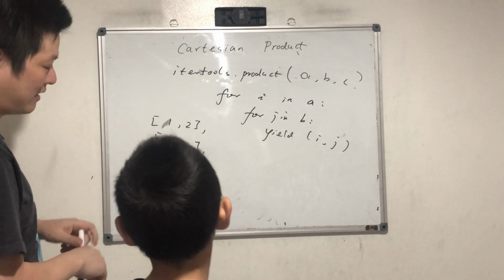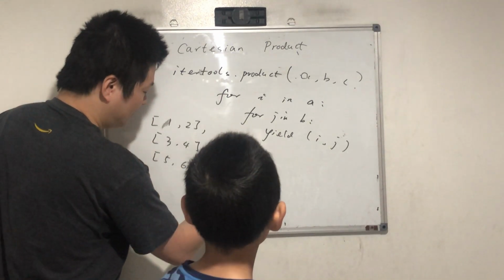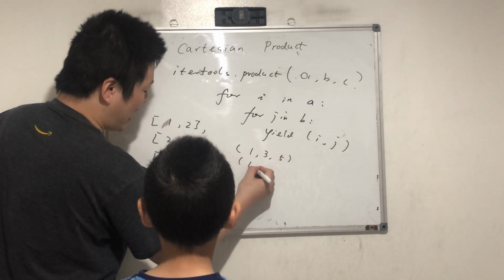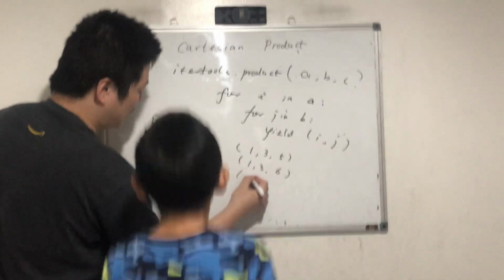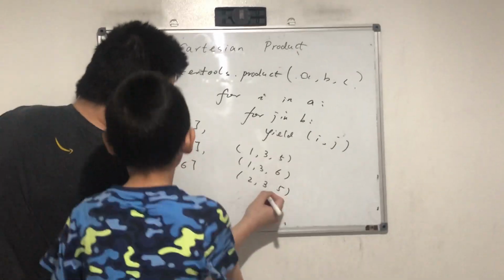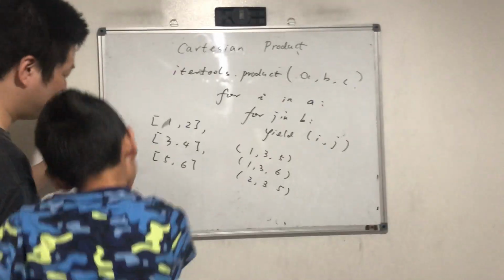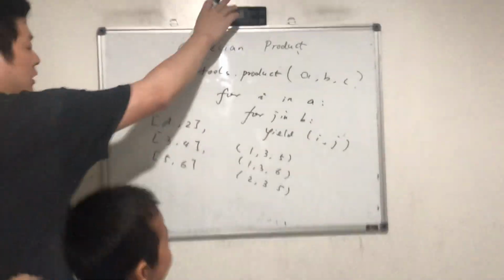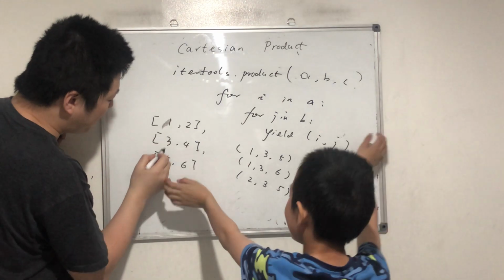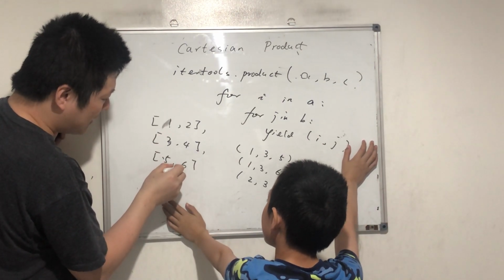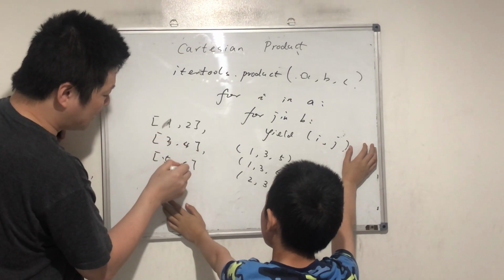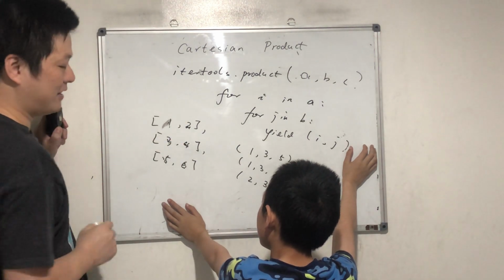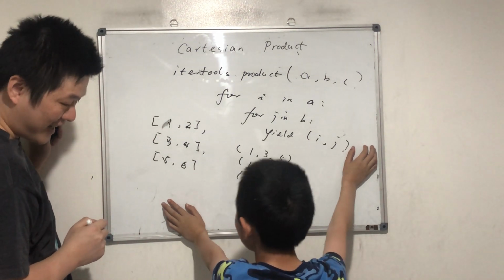Can you guess? 1, 3, 5. 1, 3, 6. 1, 4, 5. 1, 4, 6. 2, 3, 5. 2, 3, 6. 2, 4, 5. 2, 4, 6. Okay? Got it?